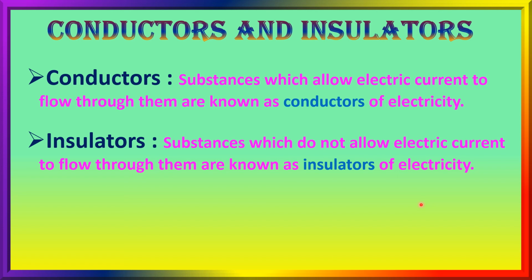Examples we have seen: metals. All metals are good conductors of electricity. The human body is also a good conductor. Water, liquids, isn't it? And insulators. Substances which do not allow the current to pass through them are known as insulators.